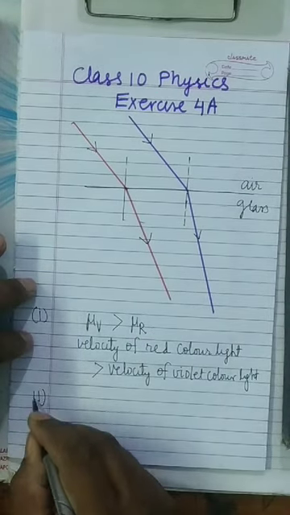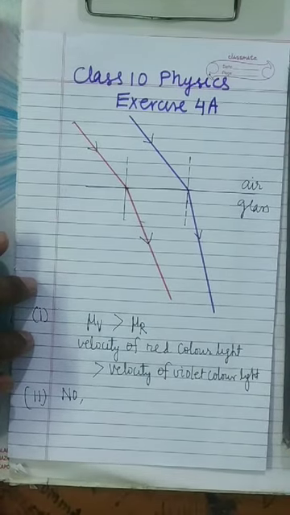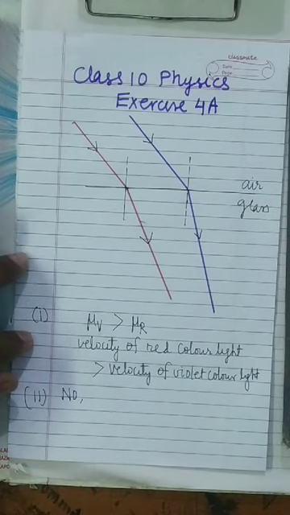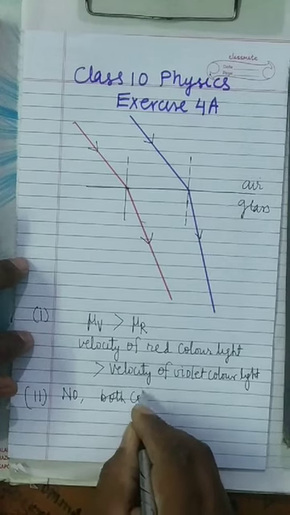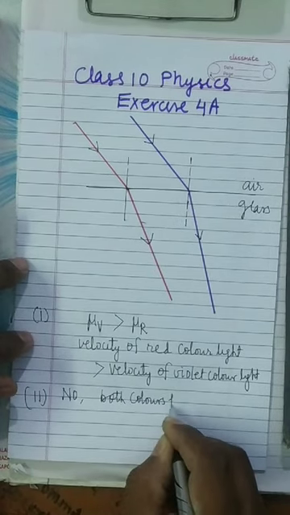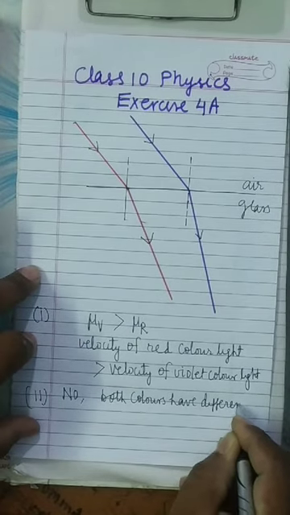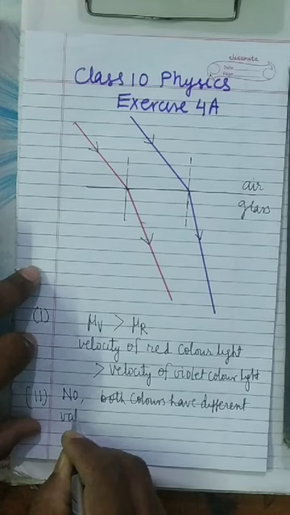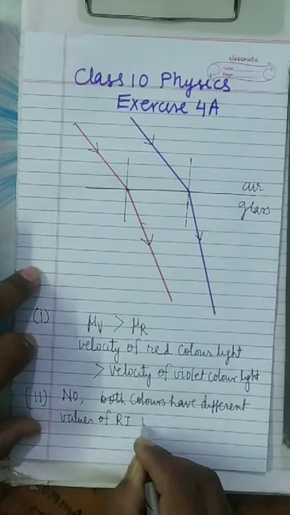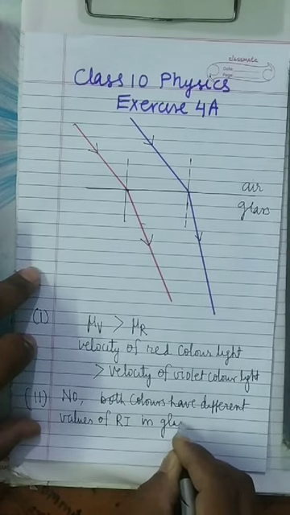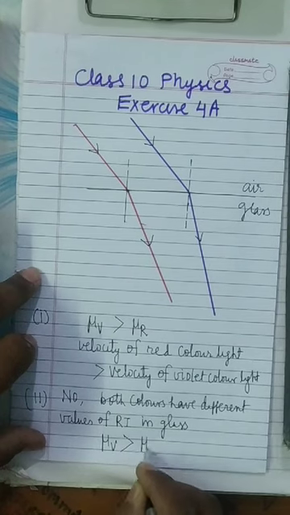You will write: as both colors have different values of refractive index in glass, and further you can write mu of violet is greater than mu of red.